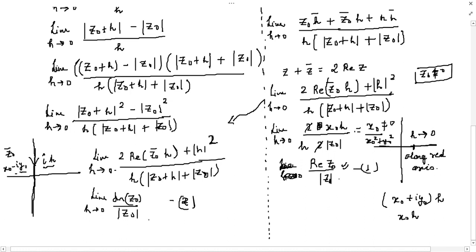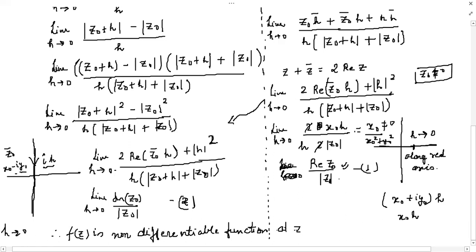Now, since 1 and 2 are different, if I approach h tending to 0 in two different directions, I'm obtaining two different limits. Therefore, it implies that f(z) is a non-differentiable function at z not equal to 0.